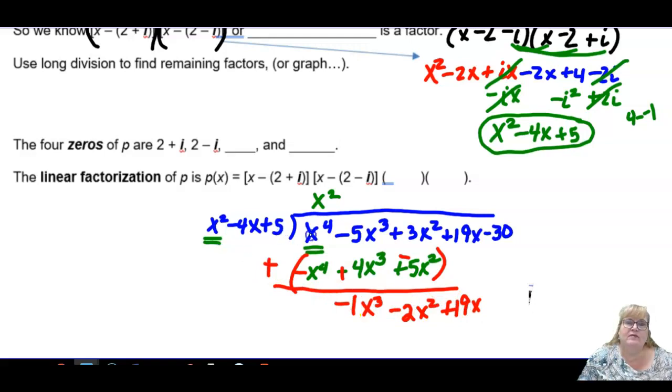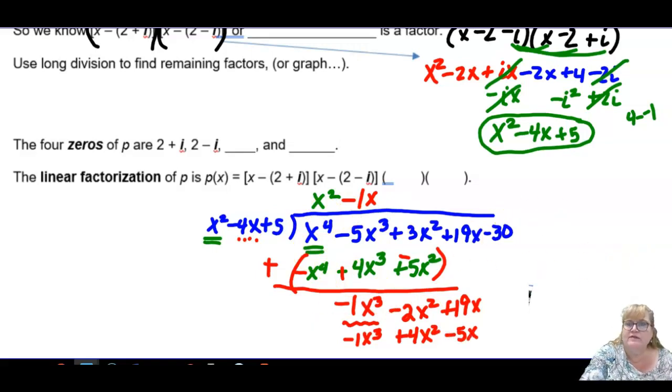All right, then I go back up here and I say I need it to become exactly negative 1x cubed. So x squared to become exactly negative 1x cubed needs to multiply by negative 1 and an x. Negative 1x times x squared is negative 1x cubed. But negative 1x times this guy, negative 4x, would be plus 4x squared. And negative 1x times 5 is minus 5x.